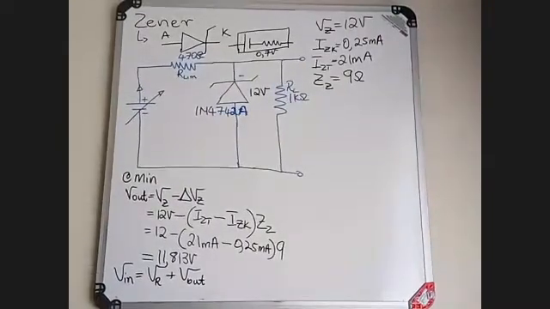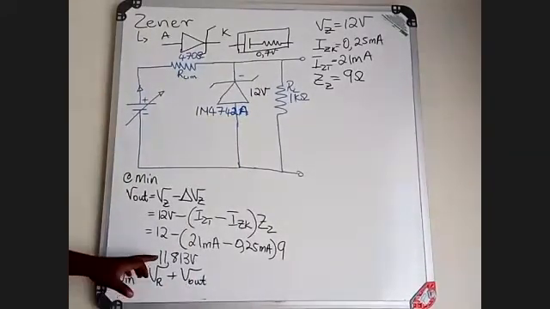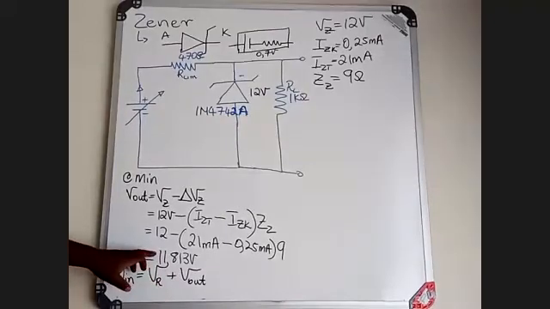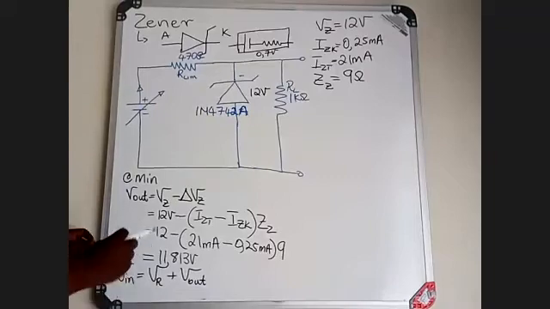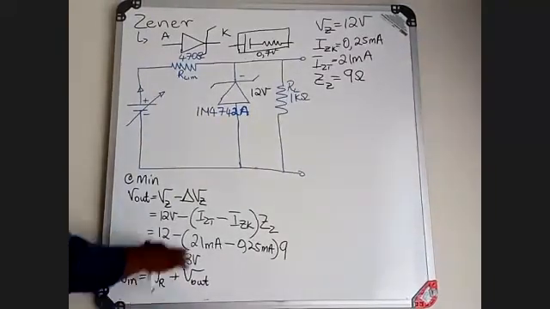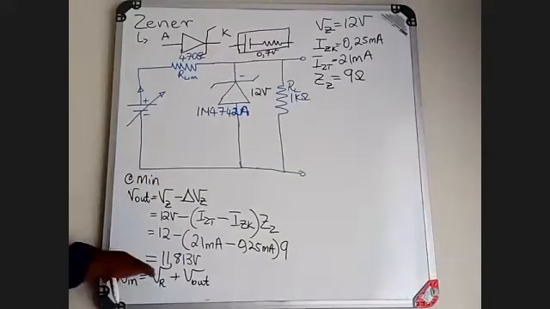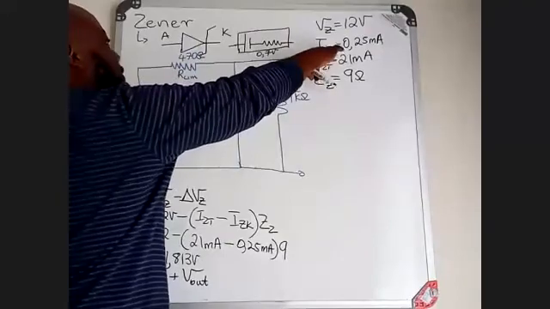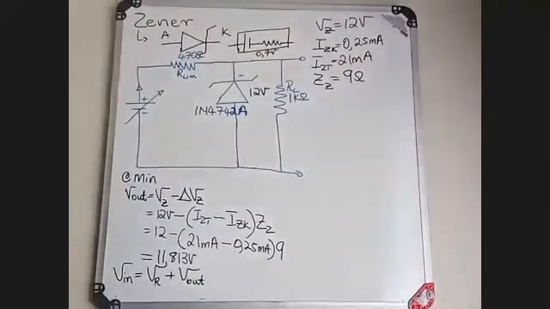Already we know the minimum voltage at V out, but now, what is the voltage across R? We check at what current we were working with when we determined this output voltage. You will see that our minimum current was 0.25 milliamps.